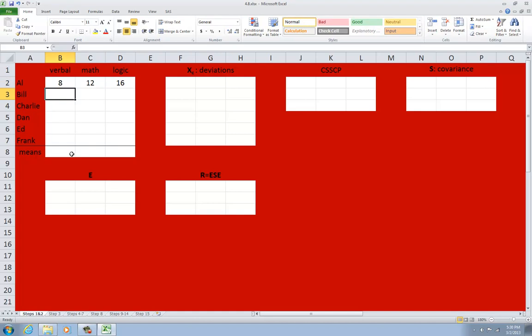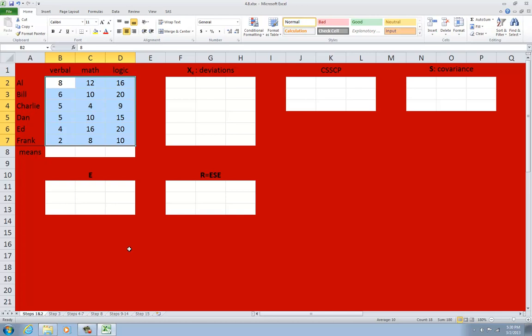Bill has 6, 10, and 20. 5, 4, 9 for Charlie. Dan has 5, 10, 15. 4, 16, 20. And last, Frank has 2, 8, and 10. So this right here can be considered the data matrix for these 6 persons.